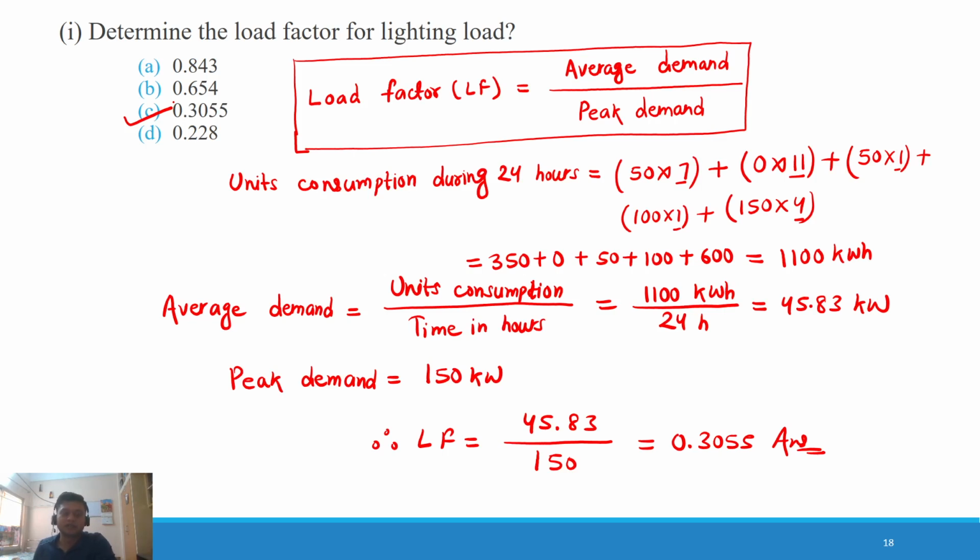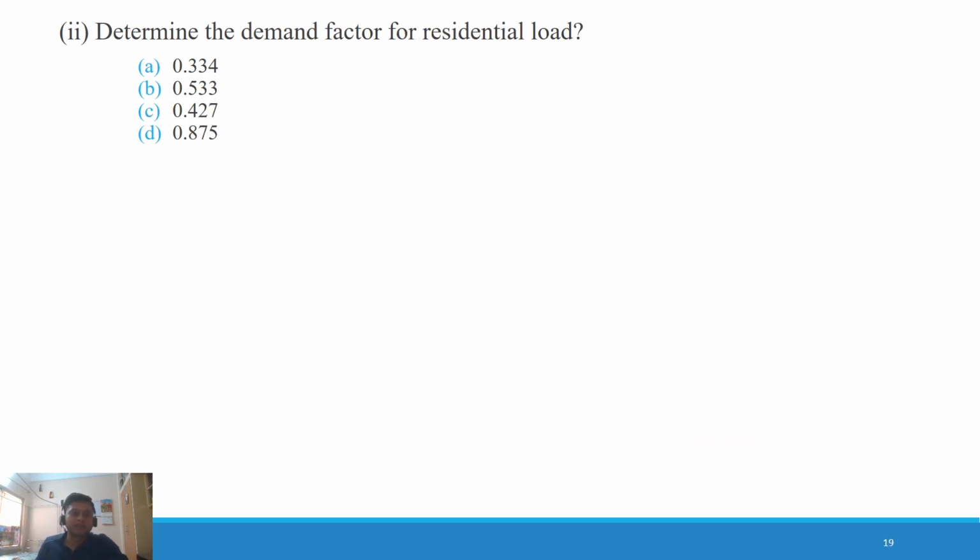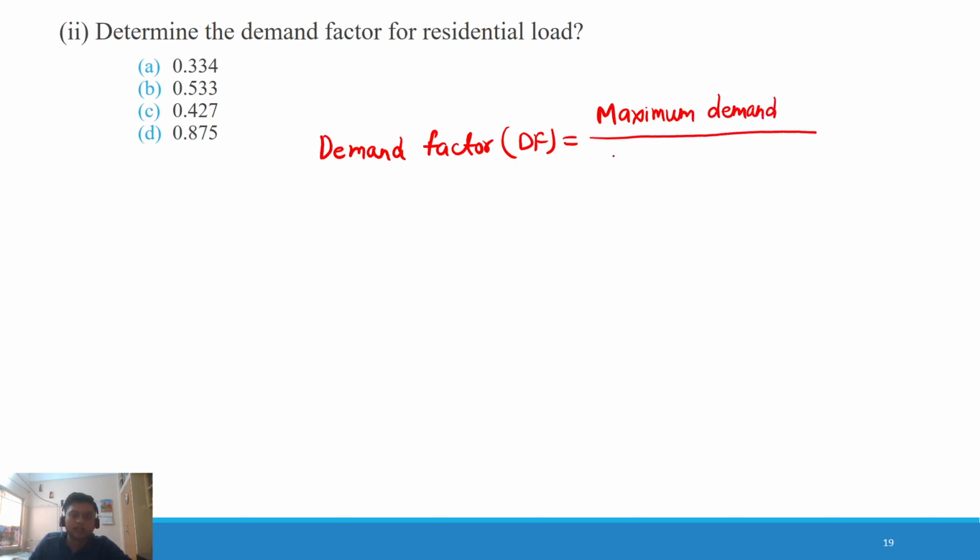Next we will see part 2. Determine the demand factor for residential load. We know that demand factor is the ratio of maximum demand to the total connected load.